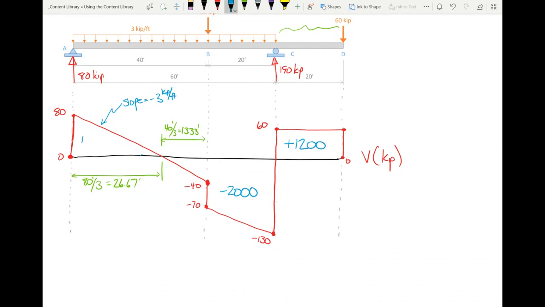Yeah, so this is positive 1066.67. And if that's the case, what's the area of this little triangle, the one that's left over? There you go.